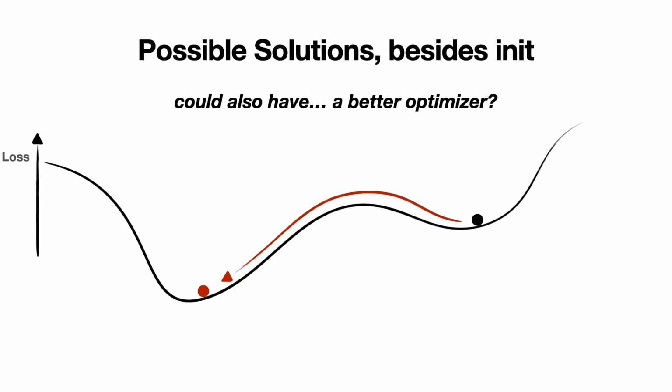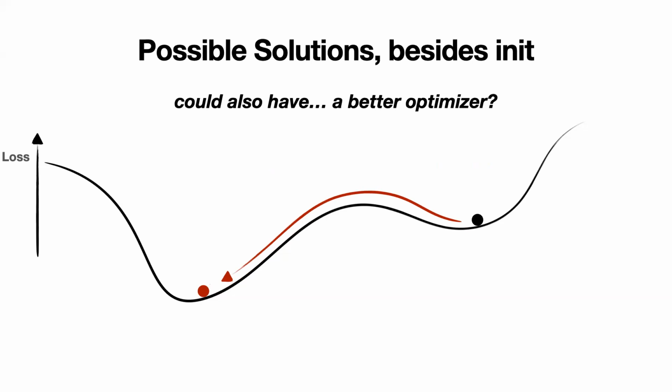Okay, you could also think, maybe I want to initialize where I want, right? So just get me to the right place. And maybe we're also a bit too naive in the way that we run our optimizer. Our optimizers are nice conceptually, we're going downhill, but it's also kind of dumb, right? We're only going downhill. We're not really looking around us.